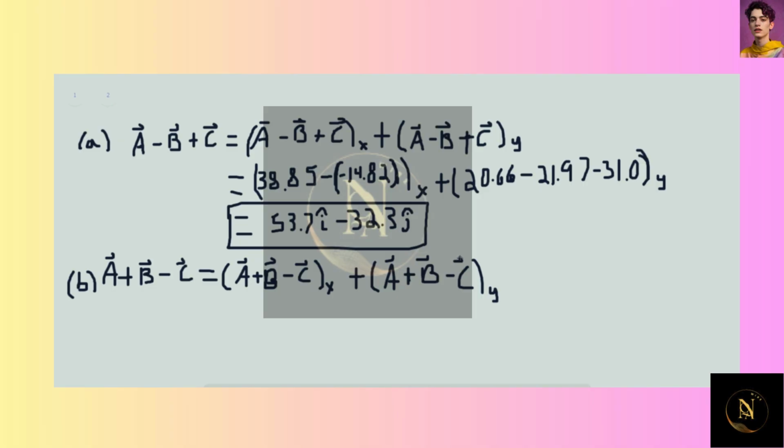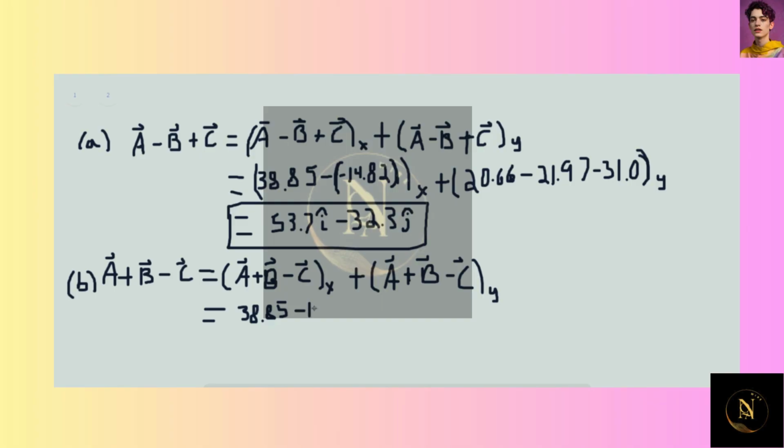If you look above, we have the values for the x component of A, B, and C and the y component of A, B, and C written there. But now we're going to change whether or not they're added or subtracted. So you have 38.85, and this is going to be plus minus 14.82.